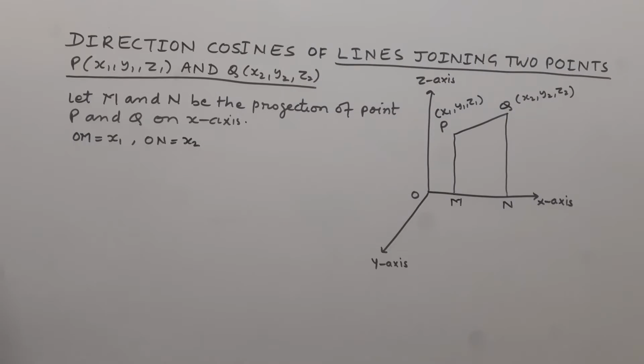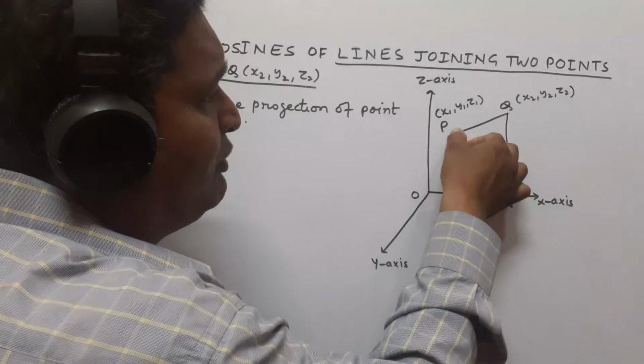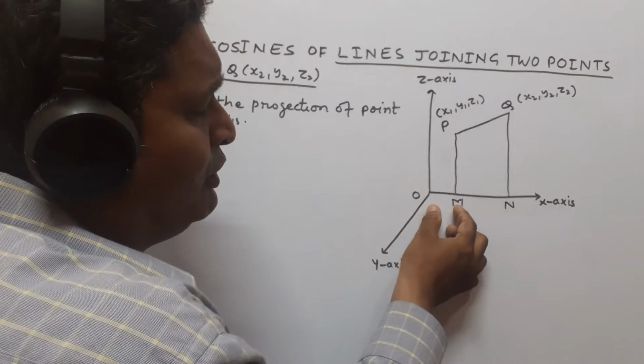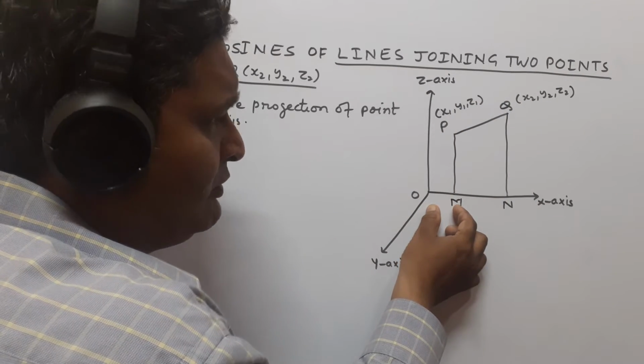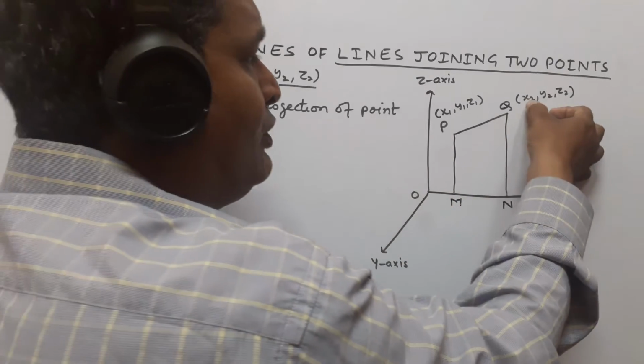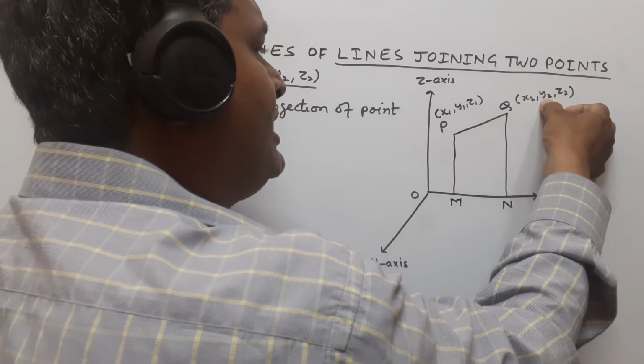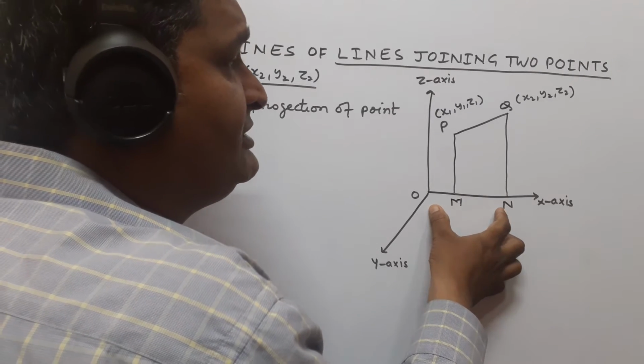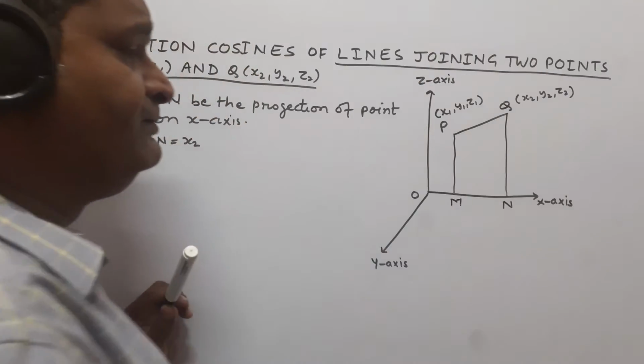From the figure we can see, since the coordinates of point P are x1 y1 z1, OM is equal to x1. Since the coordinates of Q are x2 y2 z2, ON is the x distance which is equal to x2.